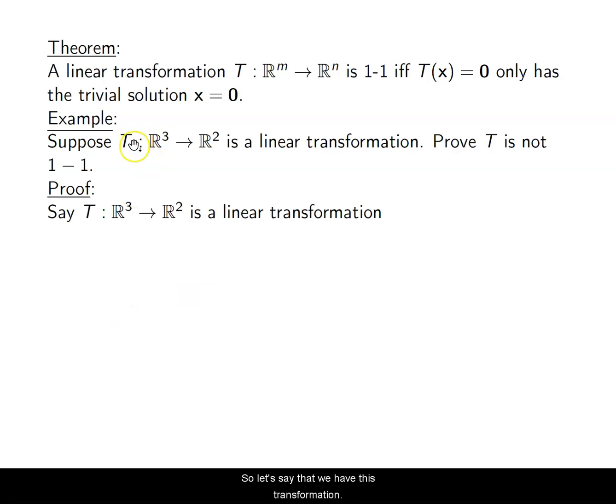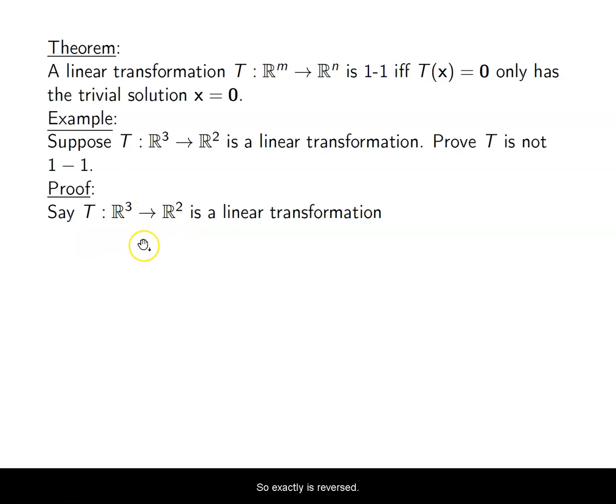Okay, so let's say that we have this transformation, right? We want to show that it's not one-to-one. So let's just think about the sort of matrix that this forms. What kind of matrix do we get from R3 to R2? Remember, this is going to be my number of rows. This is going to be my number of columns, right?